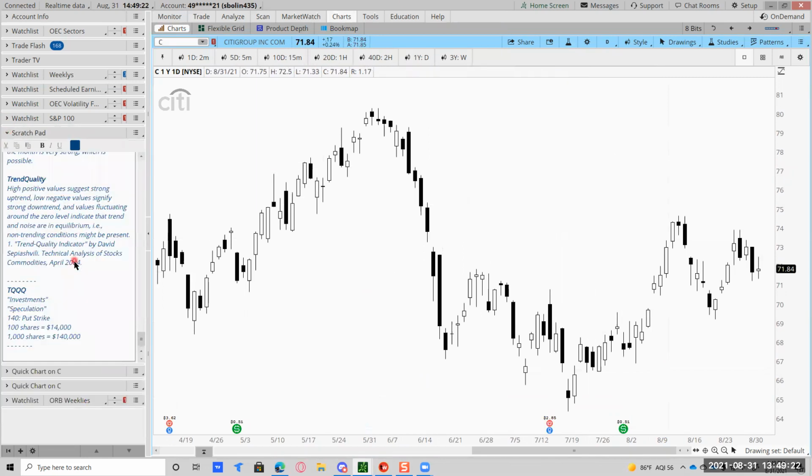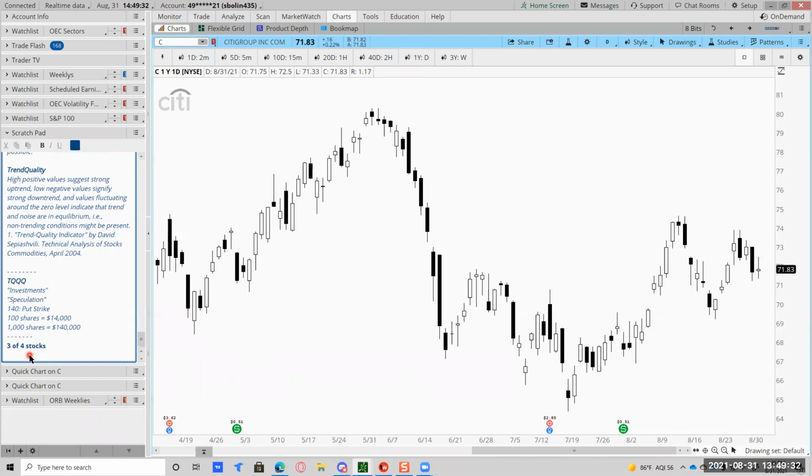consider what your overall aggregate risk is. If 3 out of 4 stocks mimic the market, that means they're all moving with SPY. And if SPY crashes, 3 out of 4 stocks are going to crash, which means 3 out of 4 of your long trades are going to crash.